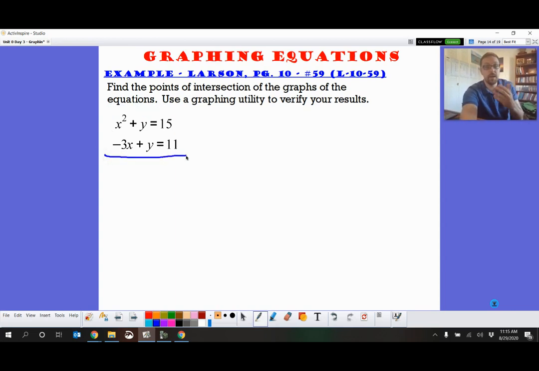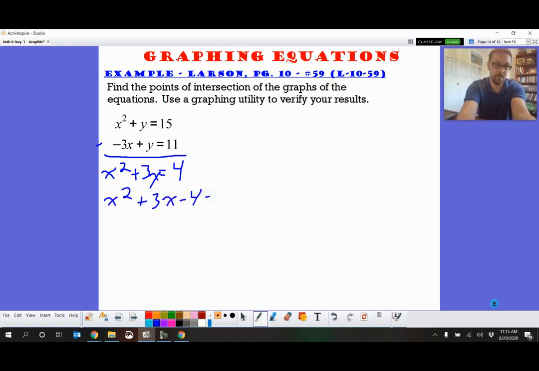So I am able to eliminate that y, so I'm going to use elimination. So I'm going to subtract these two equations. 15 minus 11, that's 4. The y's cancel out, and we get x squared plus 3x. And now that's a quadratic that I can set equal to 0. x squared plus 3x minus 4 equals 0.